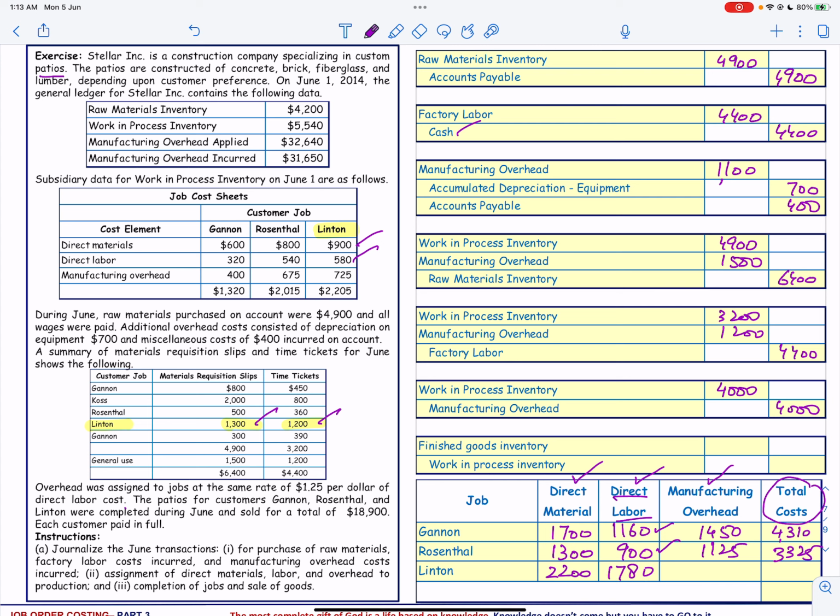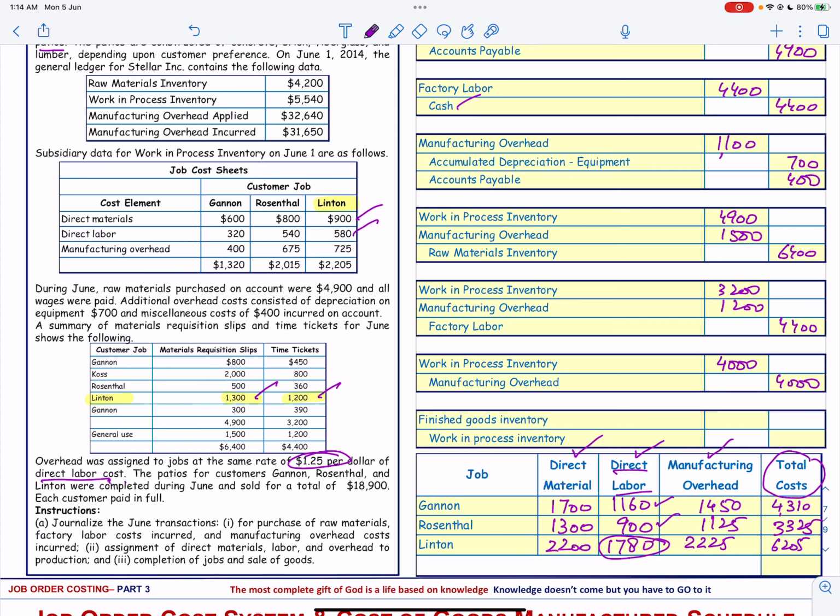And again manufacturing overhead is 1.25 of direct labor, that is 1.25 of 1,780, that is 2,225, that makes 6,205, and the total will be 13,840. Okay, so we have recorded the finished goods.